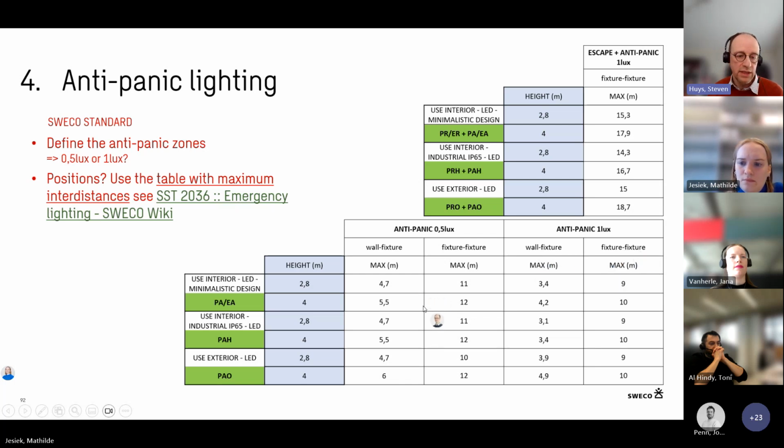You have the maximum interdistance, so you could easily use it without calculating it all the time.